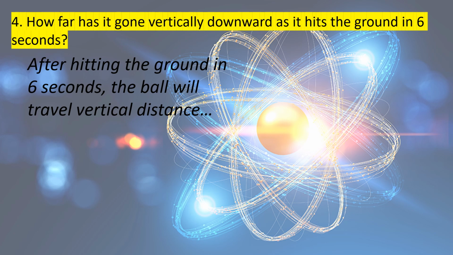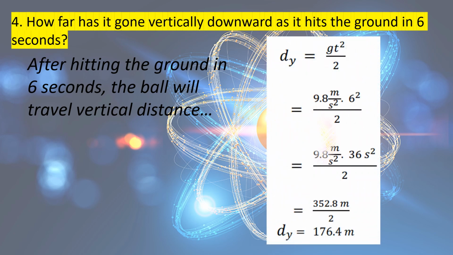To solve for the vertical distance, the formula is dy equals gt squared over 2. Let's substitute g, the acceleration due to gravity, which is negative 9.8 meters per second squared, times the time, which is 6, squared.